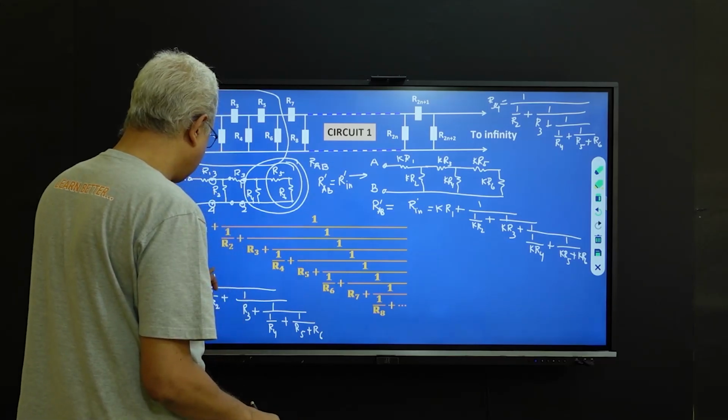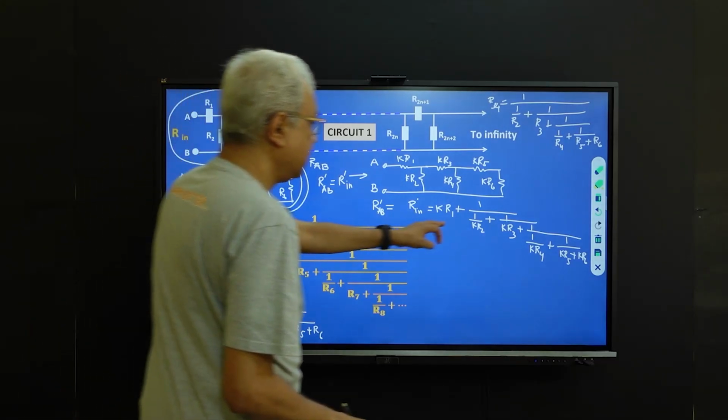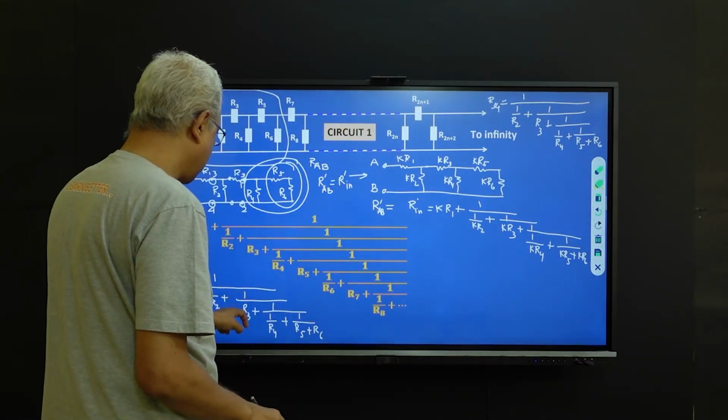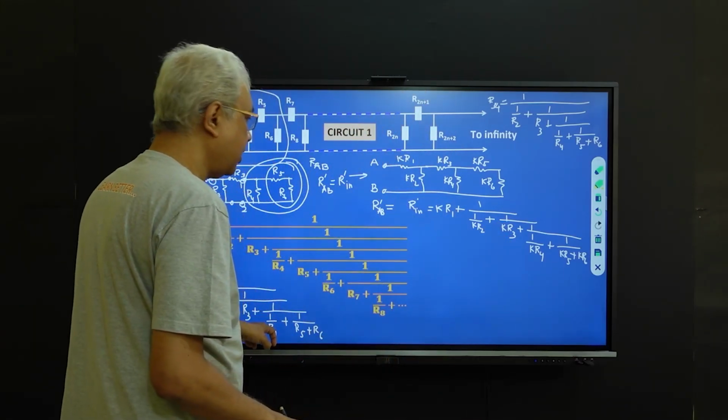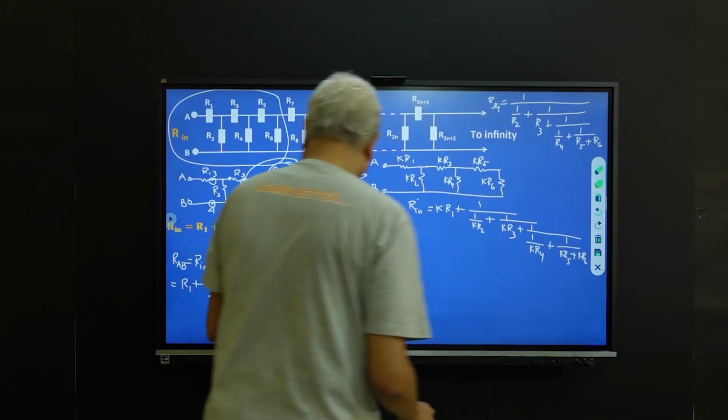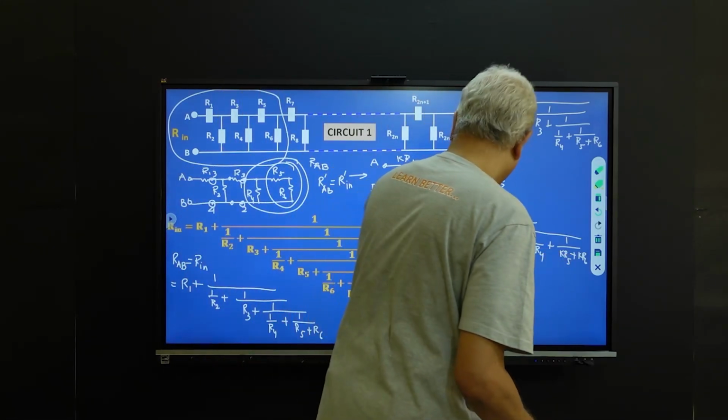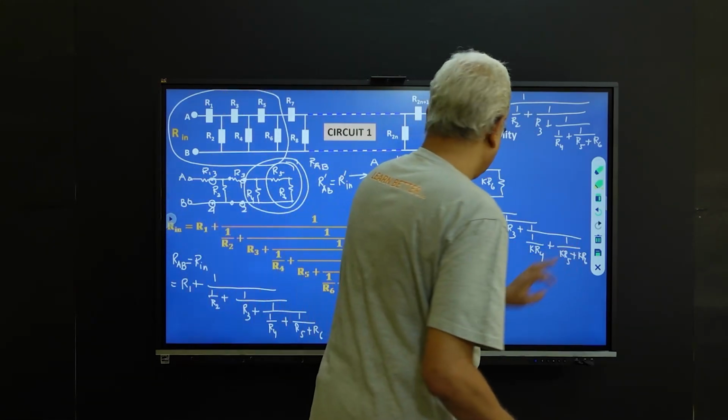So it is KR1 plus 1 by KR2, this term 1 by R3 becomes 1 by KR3, 1 by R4 becomes 1 by KR4, and R5 becomes KR5, and R6 becomes KR6.